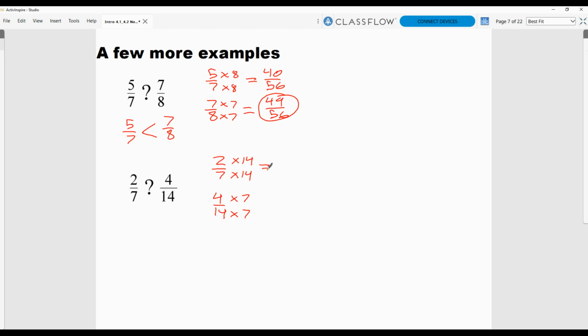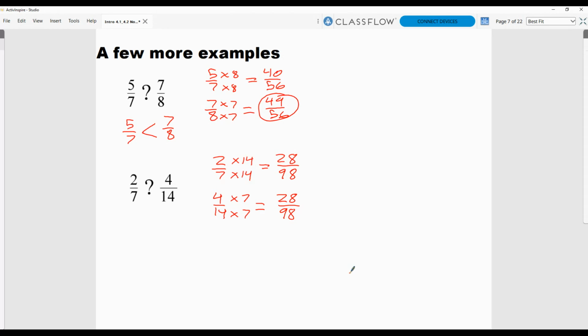Now we'll see what it is that we ended up with. 2 times 14 is going to get us 28. And then 7 times 14 is going to get us 98. And down here we'll take a look. 4 times 7 is going to get us 28, and this is still going to get us 98.